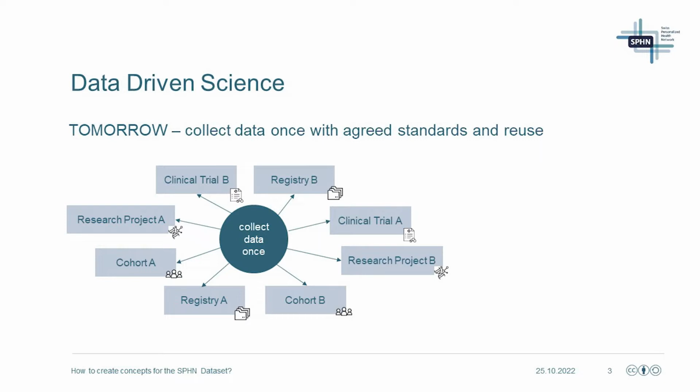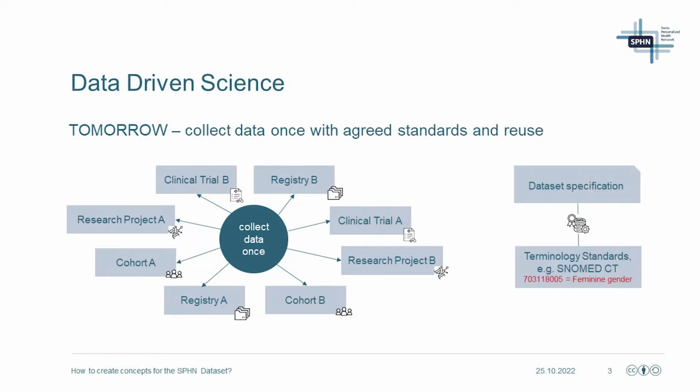This would enable true data-driven science and avoid all those many extra steps we currently have to do. With a data specification, such as the dataset, and connected terminology standards, for example, SNOMED CT or LOINC, we could agree once on the codes that are used. For example, for feminine gender, the SNOMED CT code you see here.